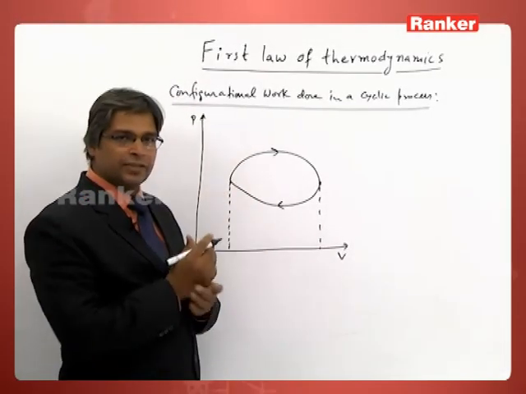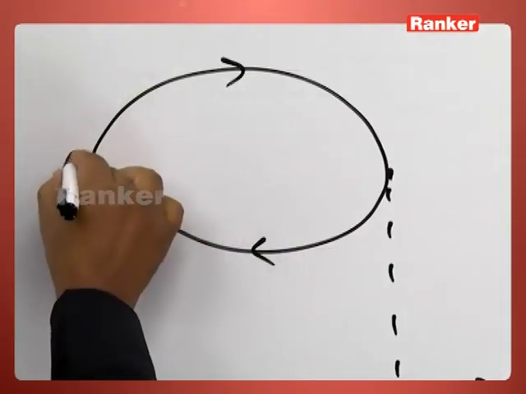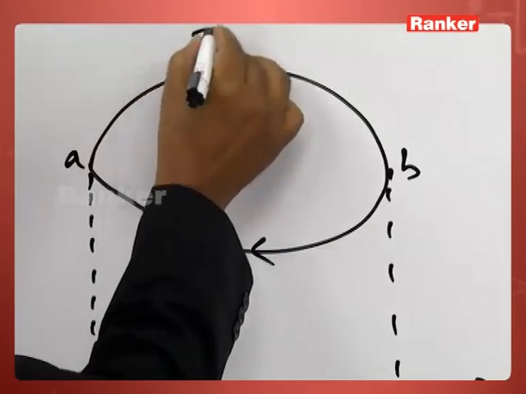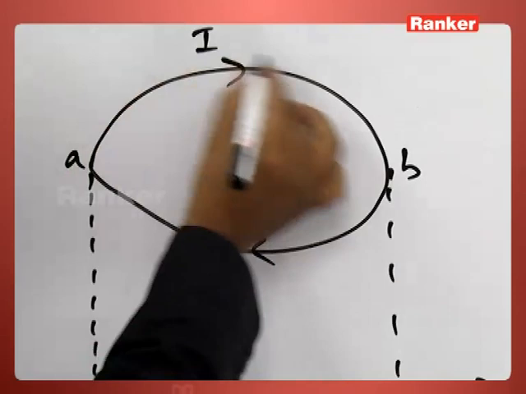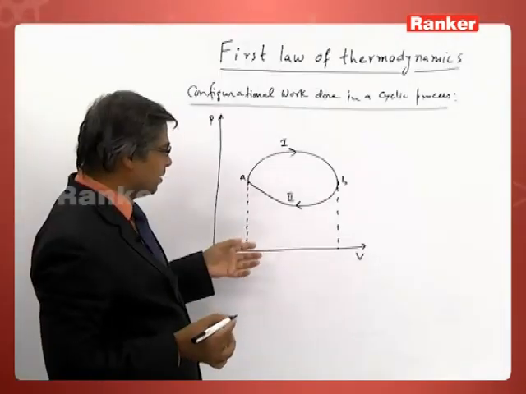Let us analyze this. We will select two paths. This is point A and B at the extreme ends. This is path 1 and this is path 2. By path 1 it is going from A to B, by path 2 it is coming back.